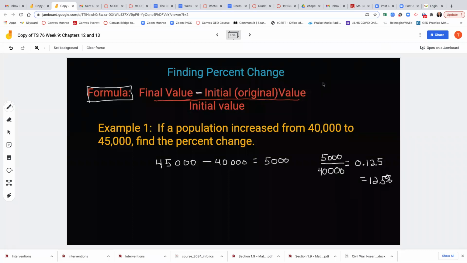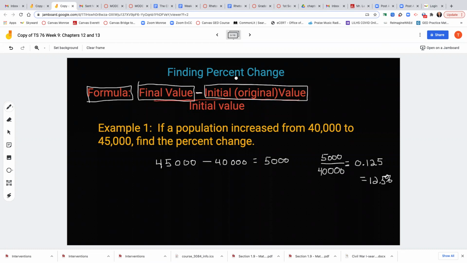Okay, folks, so we've got our magical formula here that we've copied down in our notes, which is take the final value, okay, in a story problem. If they want to know the percent change, I take my final value minus my initial value, or the original, the starting value.